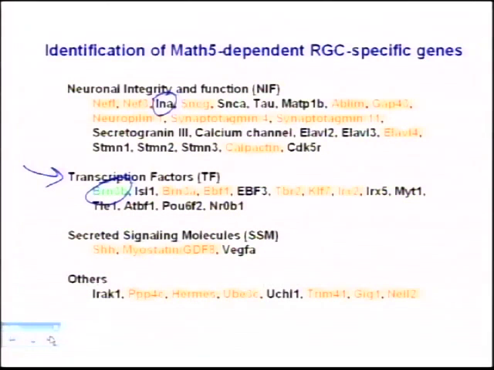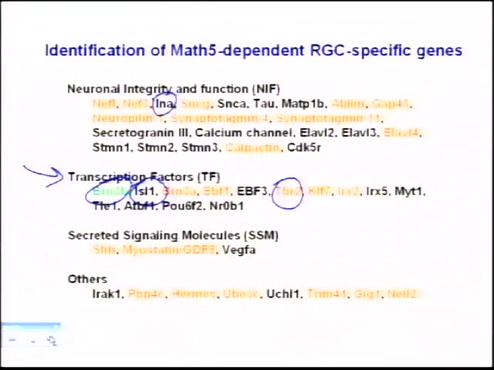And there's others that aren't affected by losing Brn3b, but are affected by taking away MATH5. And those we think might be upstream, might be either at the same level as Brn3b in a gene regulatory network or higher up. And I'm going to talk about two of these things. I'm going to talk about something called T-brain2 or eomesodermin, and I'm going to talk about one called Islet-1.